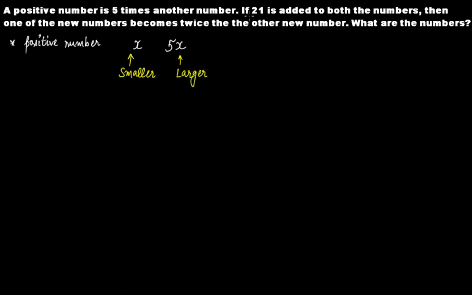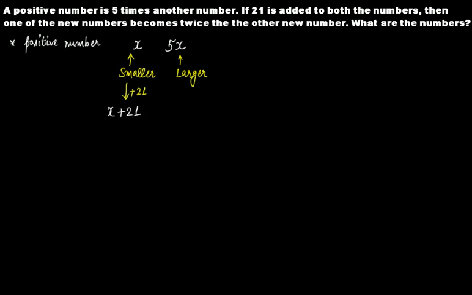Okay, if 21 is added to both the numbers, 21 is added to this one, 21 is added to this one, then one of the new numbers becomes twice the other new number. Tell me, if you add 21 to this smaller number, this becomes x plus 21.